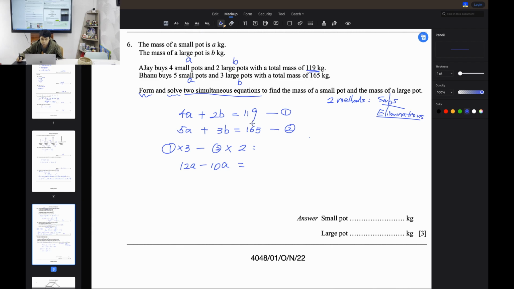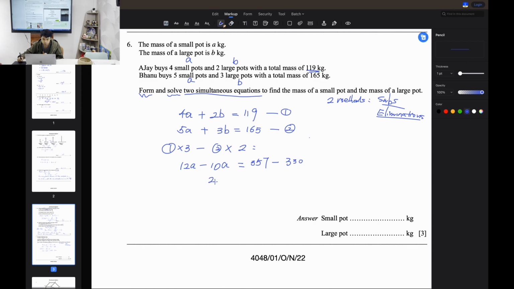Then 3 times 119 equals 357, minus 2 times 165, which is 330.